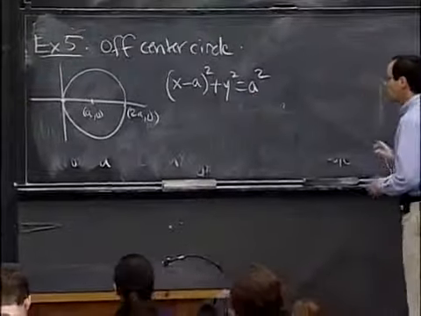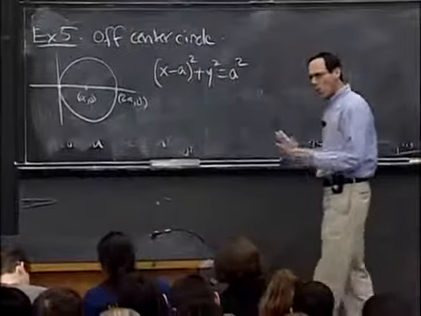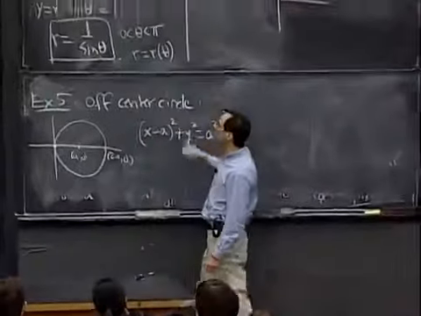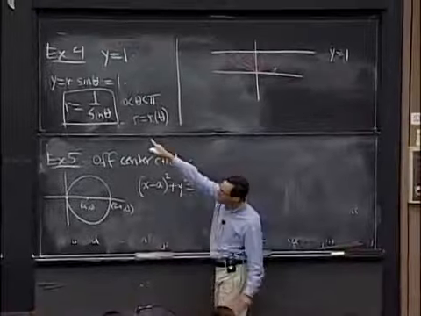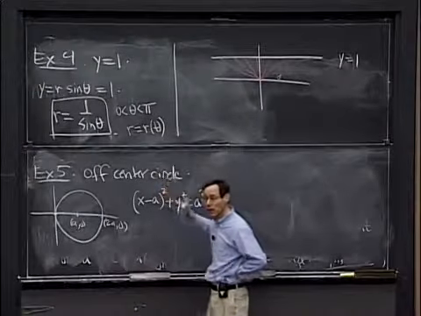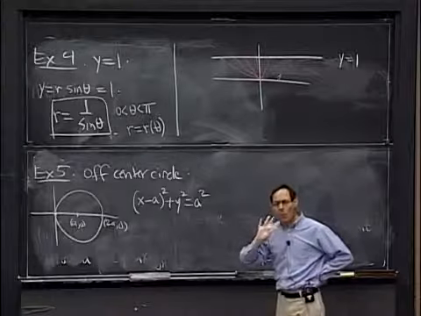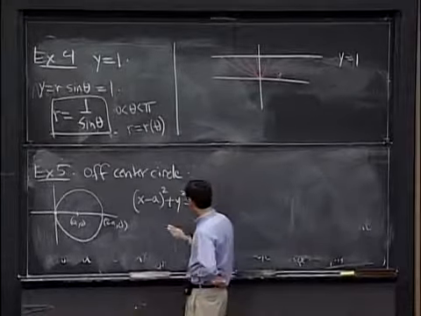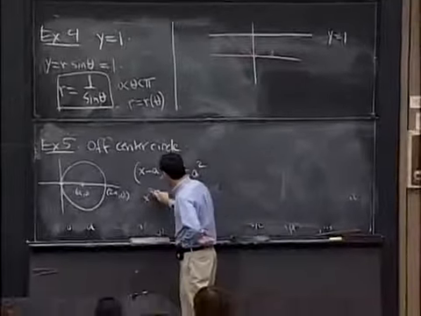Now, the slow way of doing this would be to plug in x = r cos θ, y = r sin θ, the way I did in this first step. And that works perfectly well. But I'm going to do it more quickly than that, because I can see in advance how it's going to work. I'm just going to expand this out.